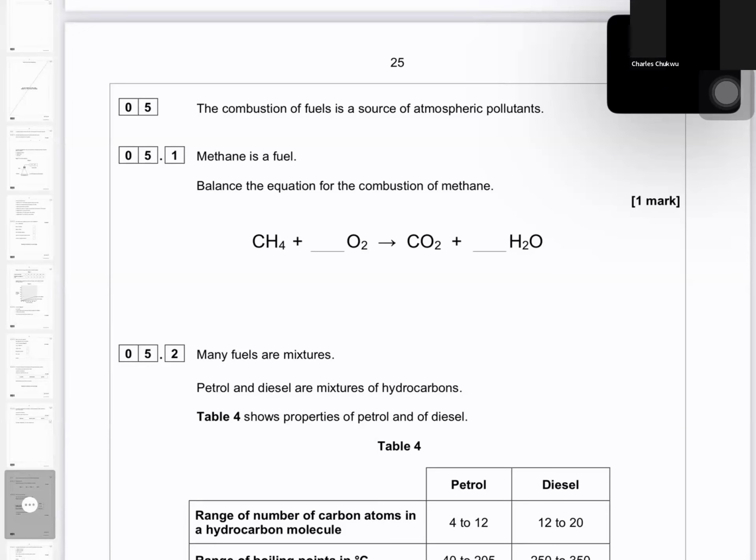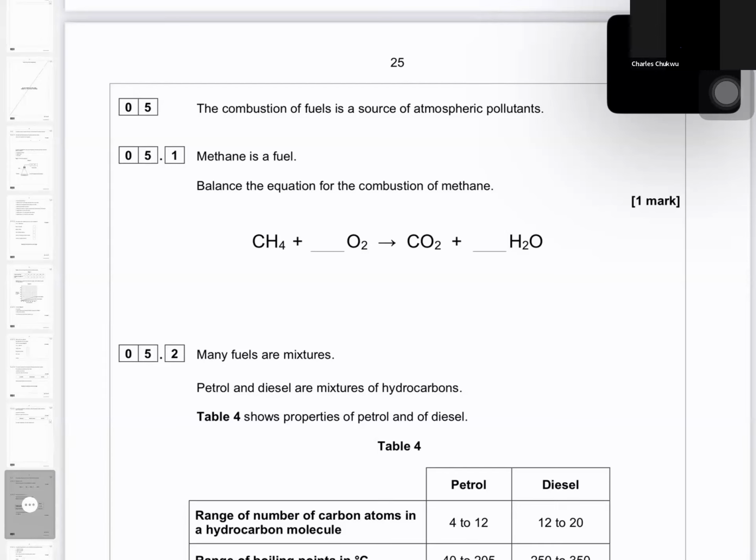That will make H to be 4, right? Now let's try and balance oxygen. Oxygen on the left side is 2 for now. Oxygen on the right-hand side is how many? 4.